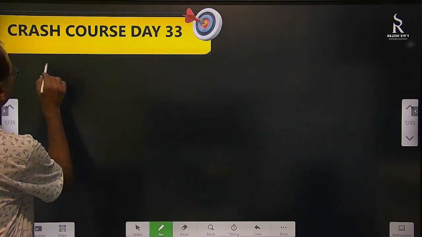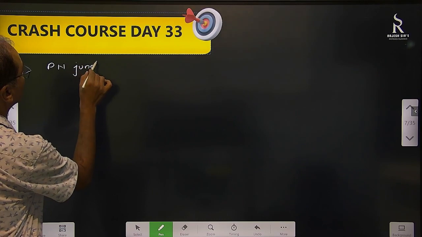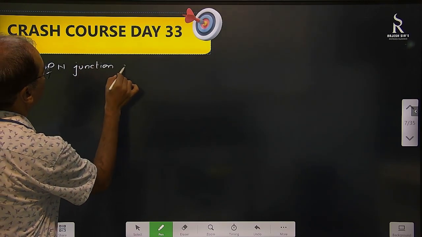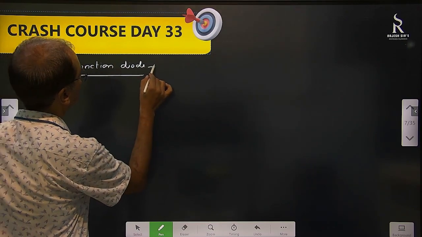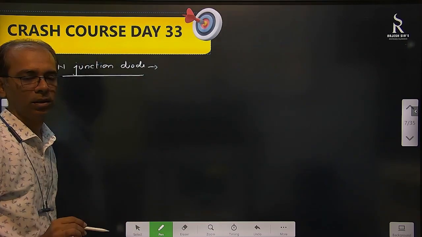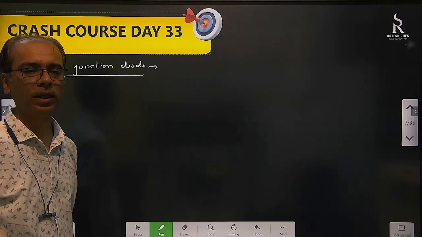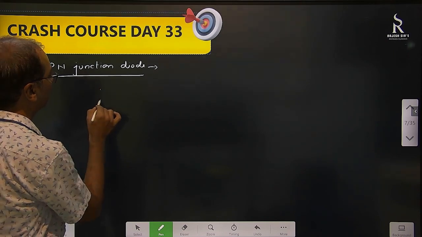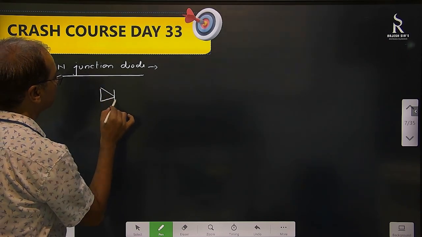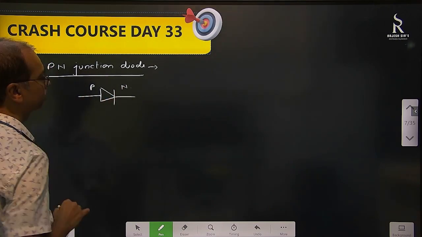A PN junction diode means one P-type semiconductor is joined with an N-type semiconductor. We make the symbol for this like this: this is P, this is N.